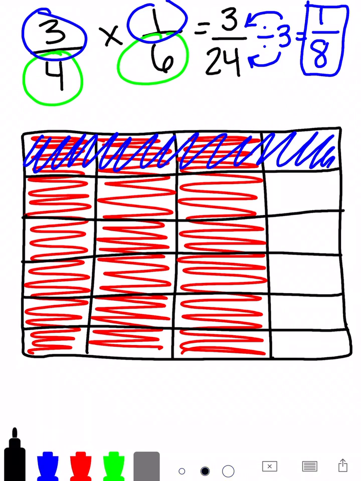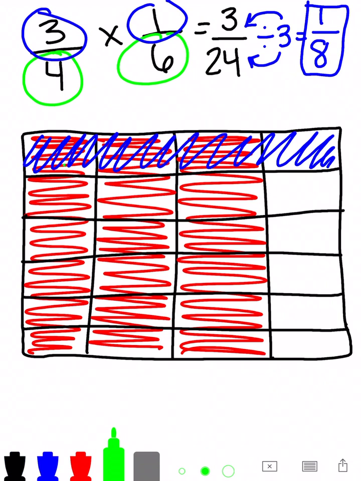All right. Then what we're going to do is to get our answer, okay, we've looked at 4 columns, 6 rows. To get our answer, and I'm going to use green to do this, we need to know how many total boxes there are in our model. One way we can do that is we have 4 columns by 6 rows. 4 multiplied by 6 is 24.